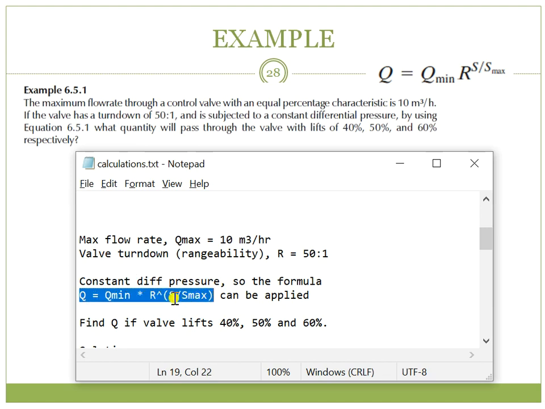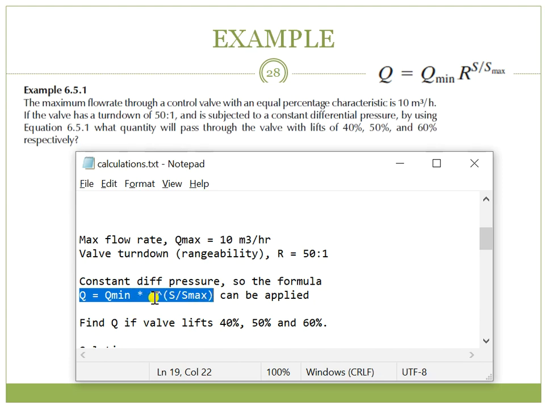Okay, so for you maybe not familiar with the way I type this equation, Q equals to Q min multiplied with R, I'm using asterisk symbol for multiplied. R is to the power of S over S max.